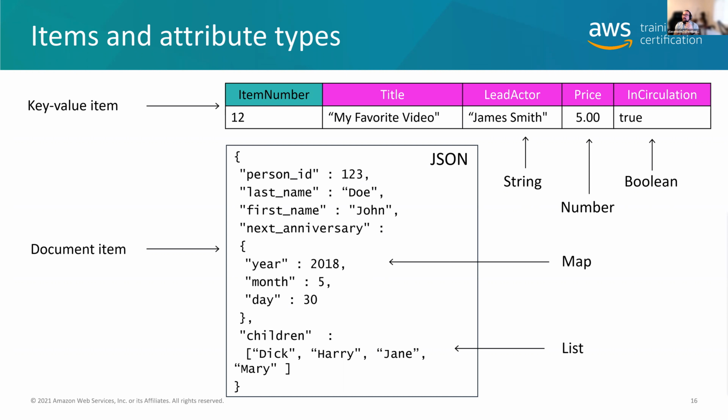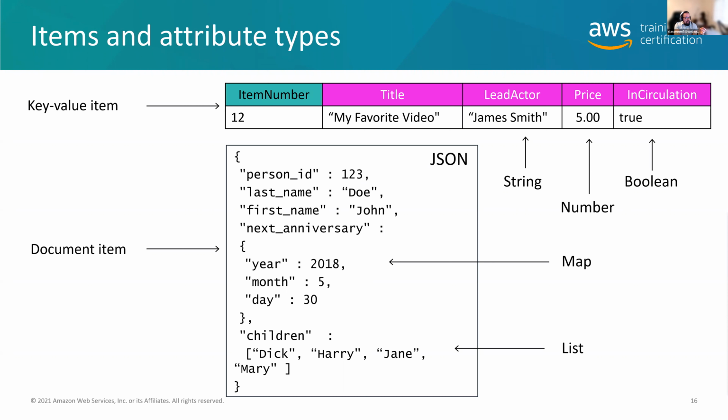Lists or maps can also be done in there. You can also store any JSON formatted document as an item in DynamoDB. So again, a reminder, an item, which is just a row, the maximum size is 400 kilobytes, not kilobits, obviously kilobytes. We're talking about data.